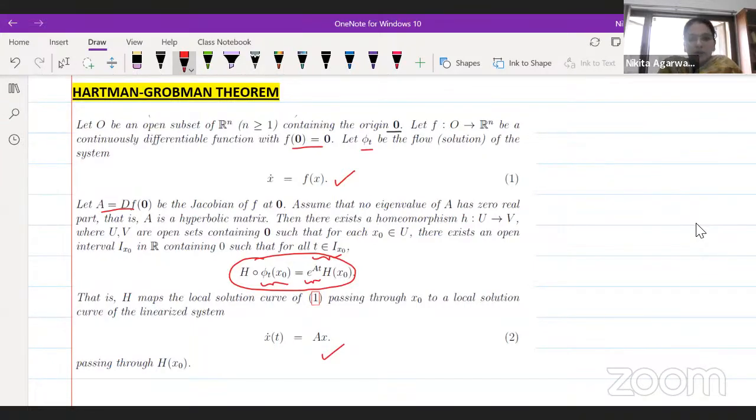So locally, one looks like the other about 0, from a dynamics point of view.